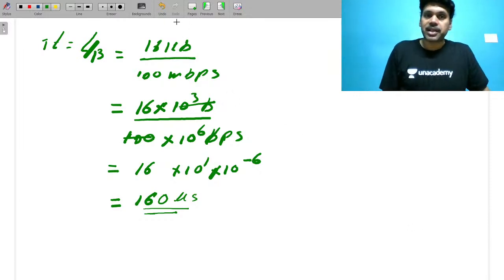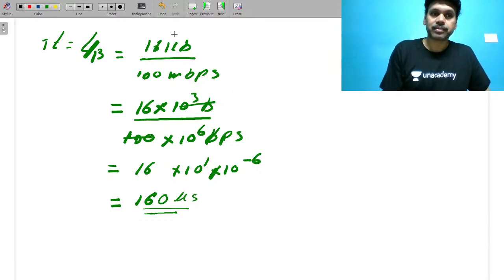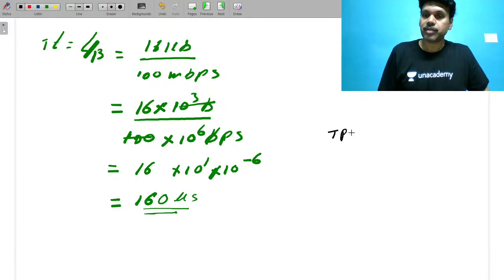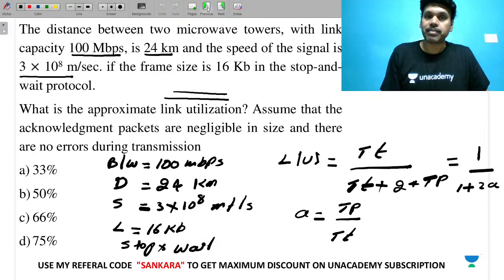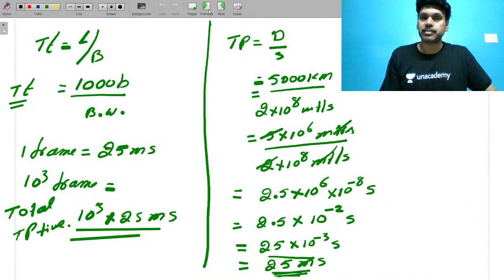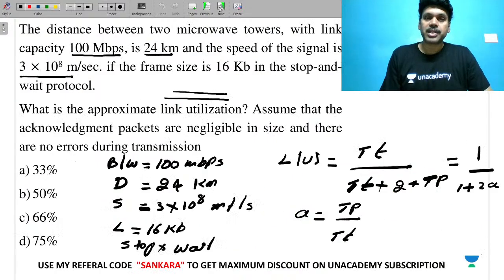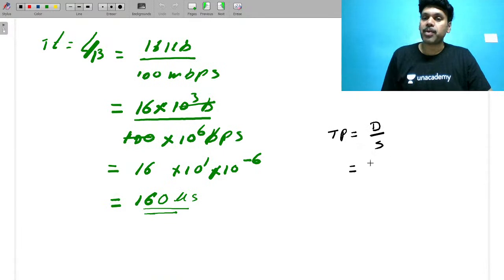Let us calculate TP here. Your TP is distance by speed. The distance is 24 km divided by 3 into 10 power 8 meters per second.